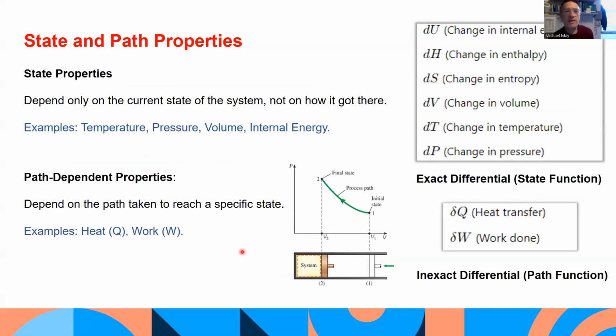Properties can also be categorized as state and path properties. So let's say we have a piston cylinder device as illustrated down here, and it's going through a compression process, as it would do maybe in the internal combustion engine of a car during the cycle. Let's say at this point here, this is what we call a state.